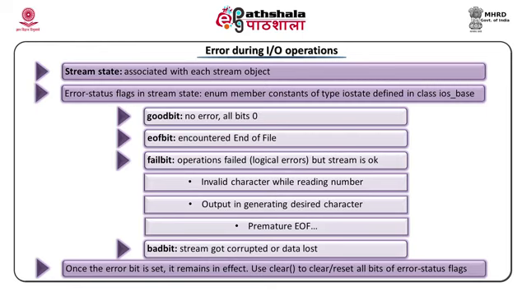Now, once this error bit is set, again it remains in effect, that means it has a permanent effect. So, if suppose end of file bit is set and I am trying to read another data, then also it will get end of file bit as set. So, it is the programmer's responsibility to check the error bits, and clear them before performing the next input output operation.